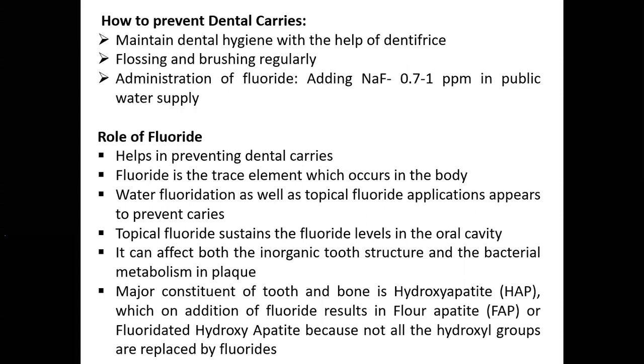The major constituent of the tooth and bone is hydroxyapatite, called HAP, which on addition of fluoride results in fluorapatite. It is called fluorapatite or fluoridated hydroxyapatite, because not all the hydroxyl groups are replaced by fluoride.